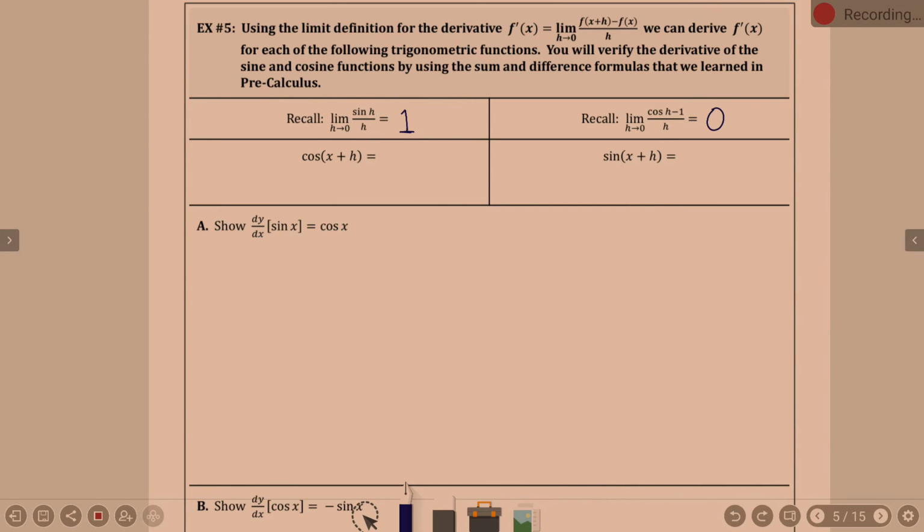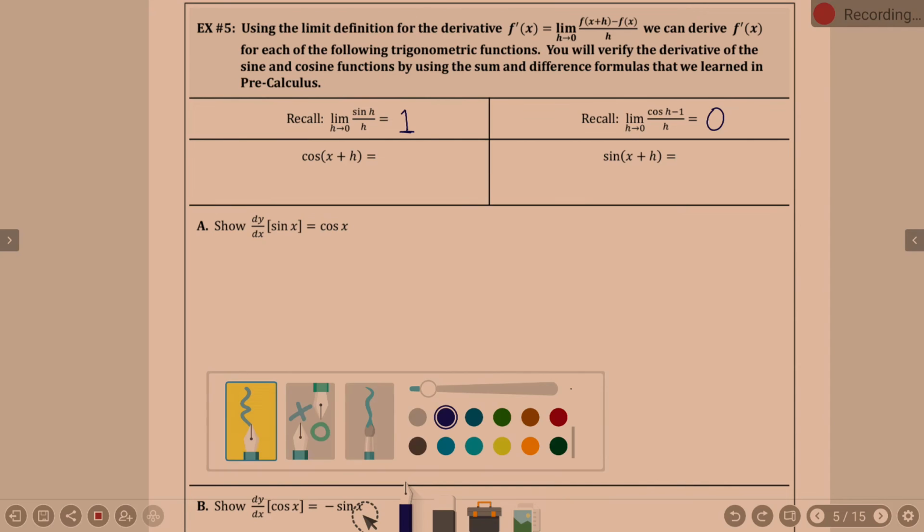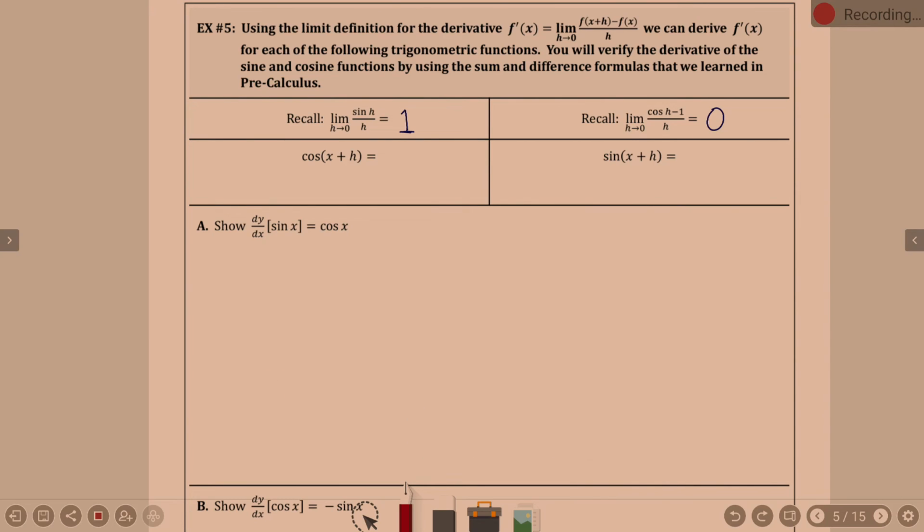Now, it talks about sum and difference formulas you learned in pre-calc. Dig deep, folks. Sum and difference formulas. Cosine of x plus h. Is that cosine of x plus cosine of h? No. It's cosine cosine minus sine sine.